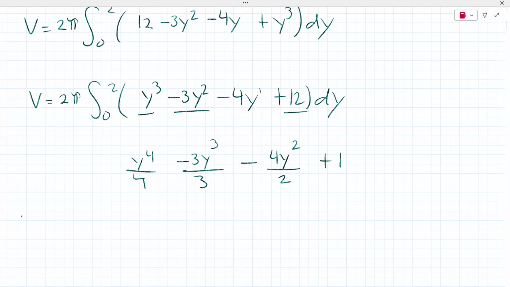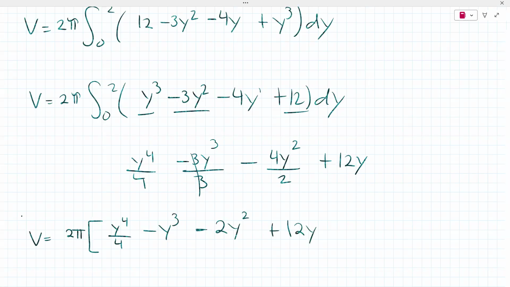That's 12y. That's good. And then this cancels, so you're left with negative y cubed minus 2y squared plus 12y. And then we're going from boundaries from 0 to 2.